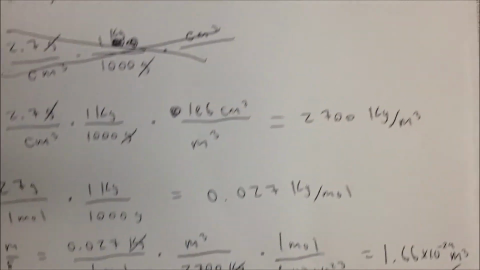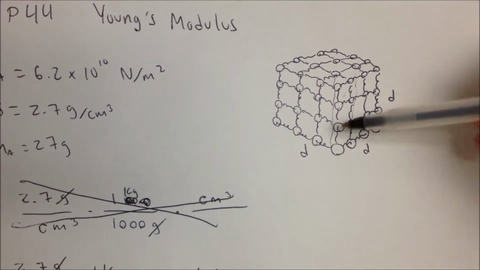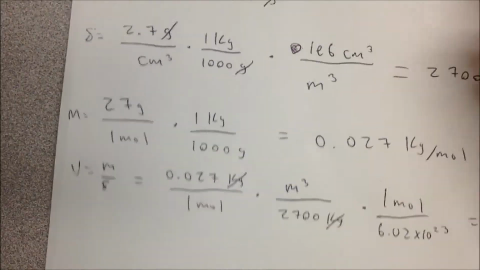Now, if we go back to our drawing here, the volume of the little cube of the springs would be d times d times d, which is d cubed.